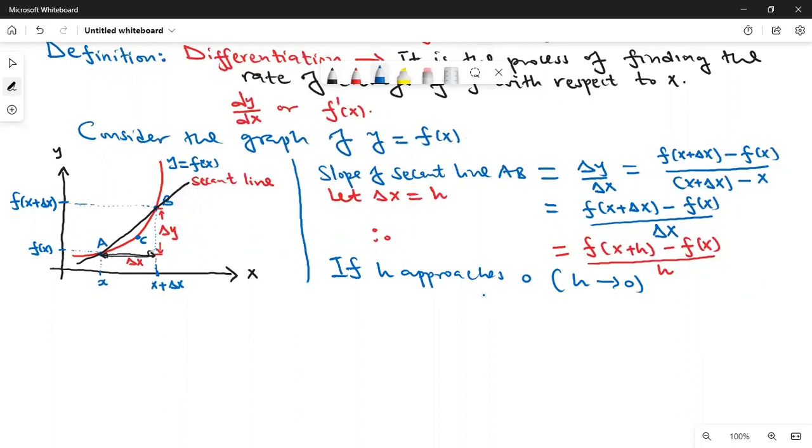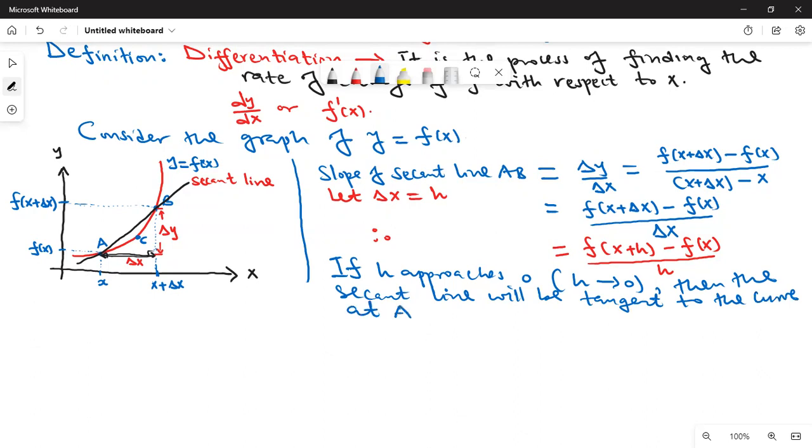If the change in x approaches 0, then the secant line will be tangent to the curve at A. And how do you get the gradient of a curve at a point, at A, whose slope is what you are calling dy dx or f prime of x.